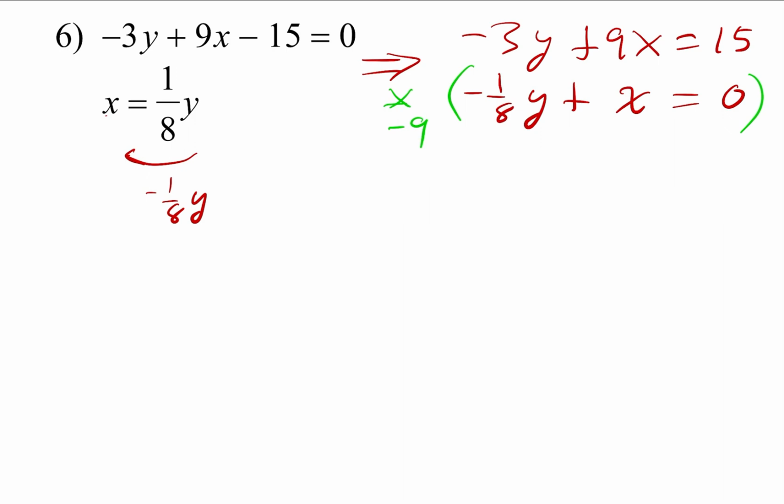So I have positive 9/8 of an x minus 9, wow, I said that one wrong, minus 9/8 of a y, minus 9x equals 0, because 0 times anything is itself. I'll just bring the other equation down so we can see them right next to each other.